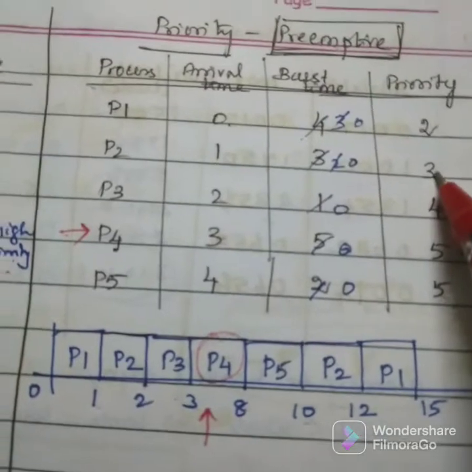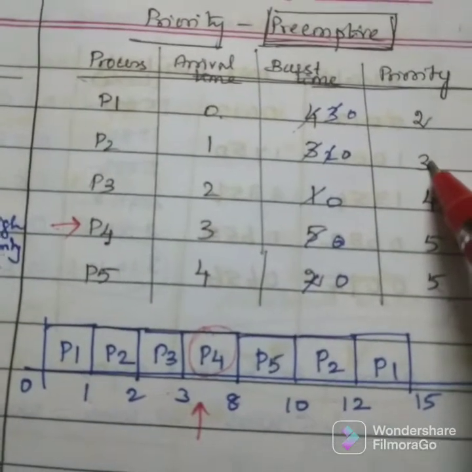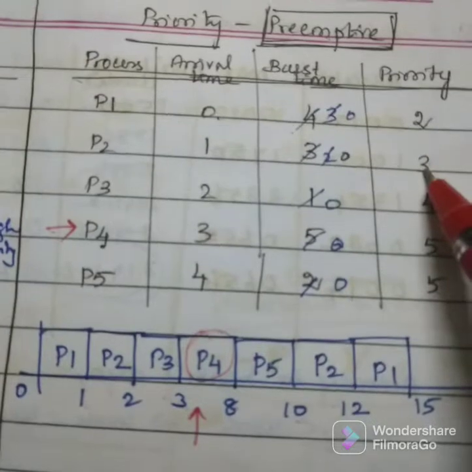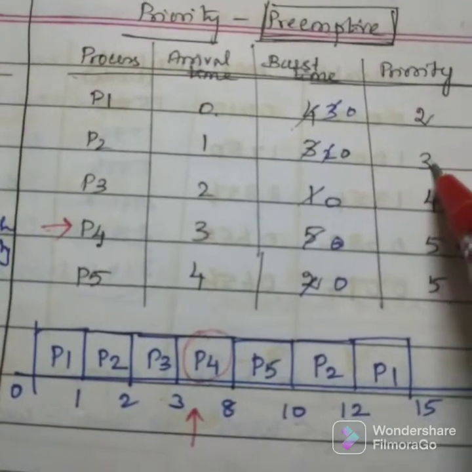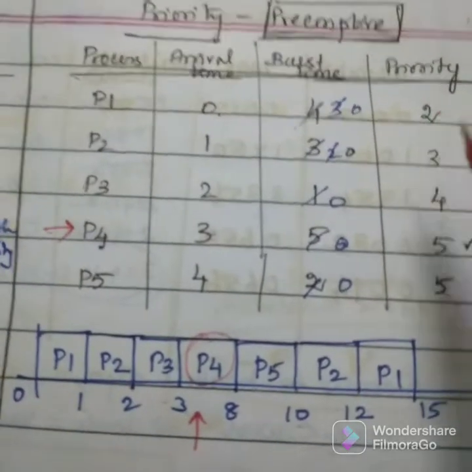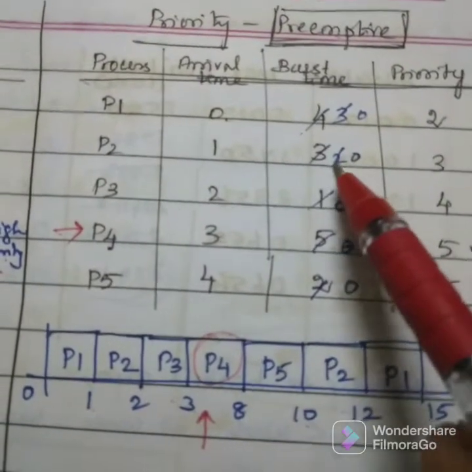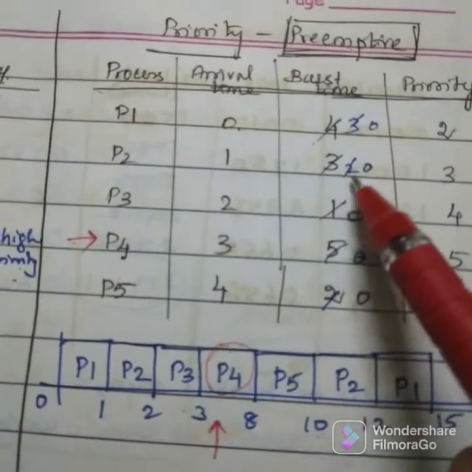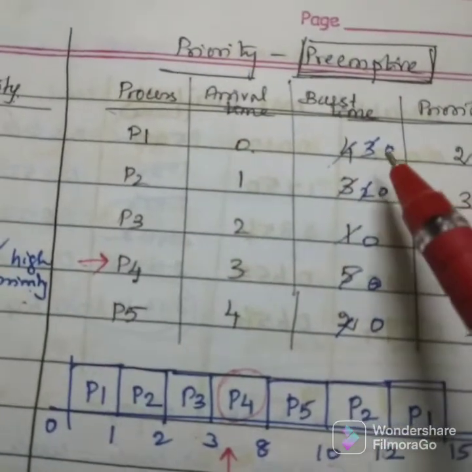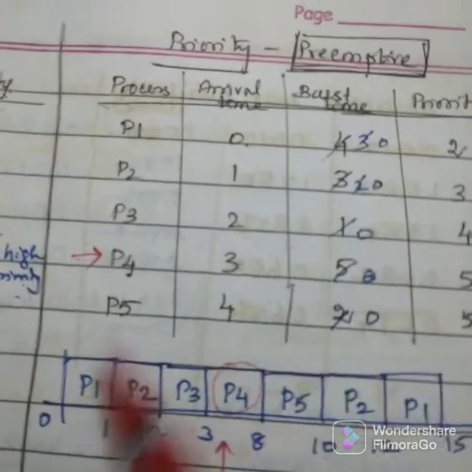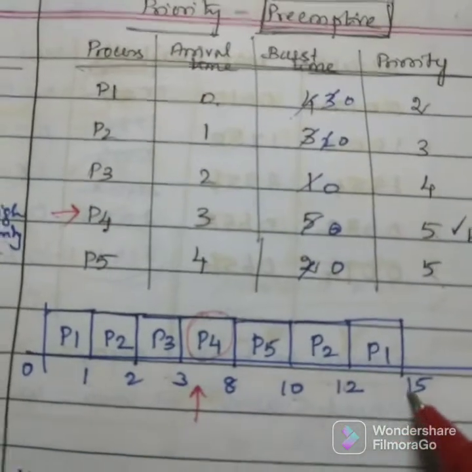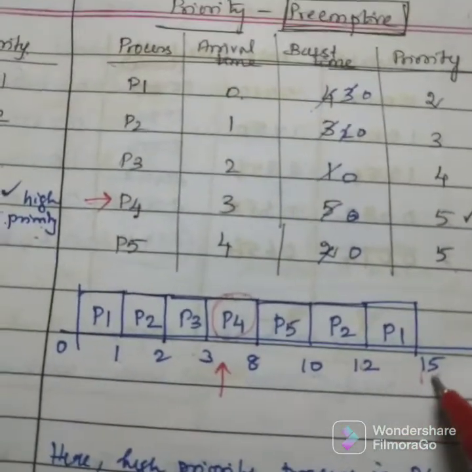P2 has the highest priority when compared with P1. So this will be executed, and finally only P1. Process P2 has 2 remaining, already 1 is over, and the remaining will be over here. And finally P1, already 1 is over, the remaining 3 will be over here. So it will be closing at 15.